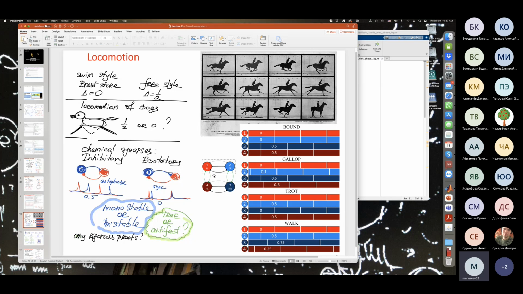And the big question is whether it's a single network that controls all these locomotion types, or animals use different networks to produce different locomotion styles. On the other hand, that means the brain should selectively pick, say, okay, cell number 1, give me bound, or now cell number 2, give me that gallop, right?